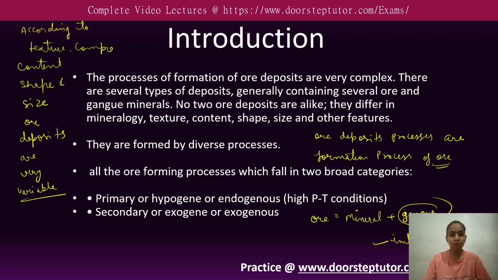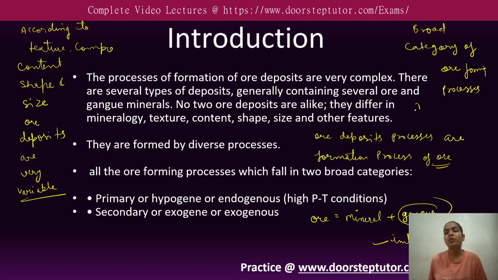On a very broad category, mineral deposits are of two types: exogenous or endogenous. The endogenous are the primary deposits, formed syngenetic, internally intrusive types of deposit. So primary deposits are endogenous, or we can say hypogene. So there are two broad categories of ore forming processes.